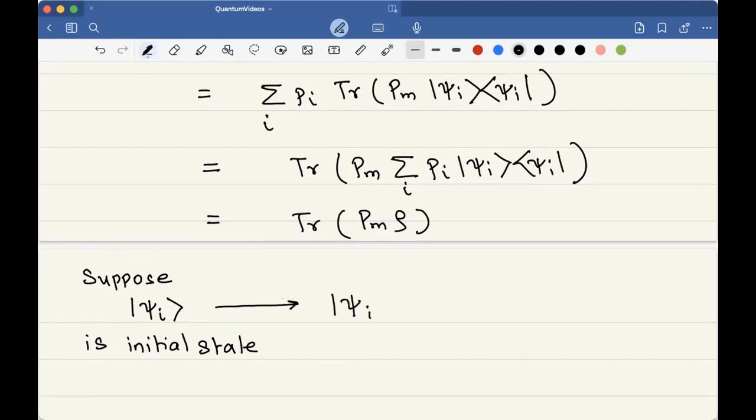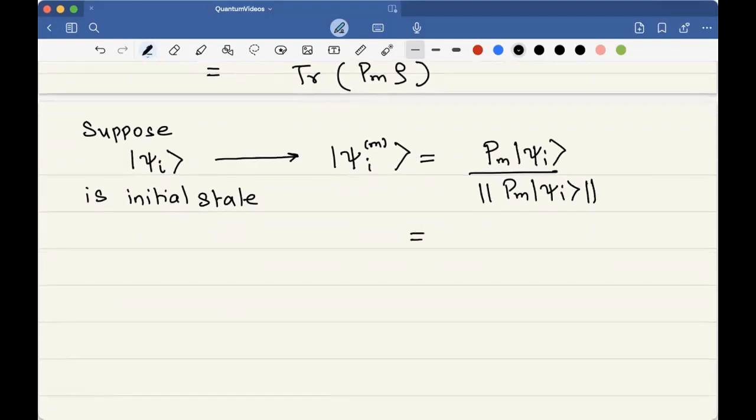Let me call that psi_i^m, which is going to be equal to, again by the measurement theory of pure states, P_m psi_i over the norm of P_m psi_i, which I can write as P_m psi_i over the square root of bra psi_i P_m psi_i.